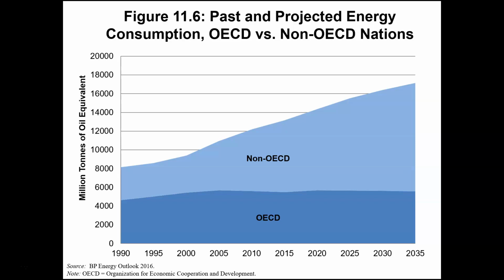Notice back in 1960, most of energy consumption came from the developed nations. That has changed a lot, particularly after 2000 or so. Energy consumption for non-OECD countries has really gone up and is projected to continue to go up, while energy consumption in developed nations has leveled off and is projected to come down some.